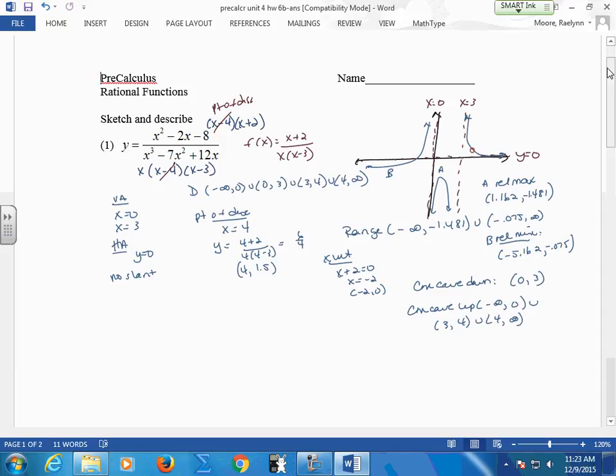Now, your calculator does a horrible job of showing this to you, because what your calculator does is this. It shows your graph, this little piece over here, right? It shows your graph, this little piece over here, and it shows this graph like this. Isn't that what your calculator looks like?